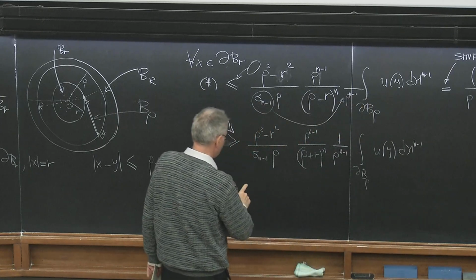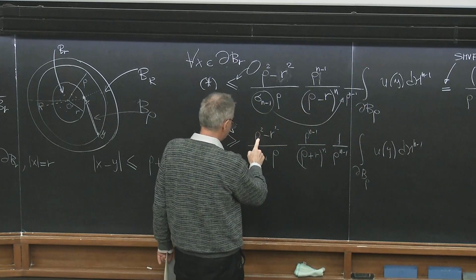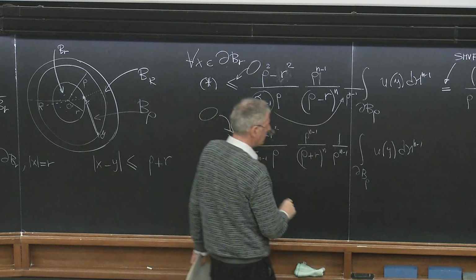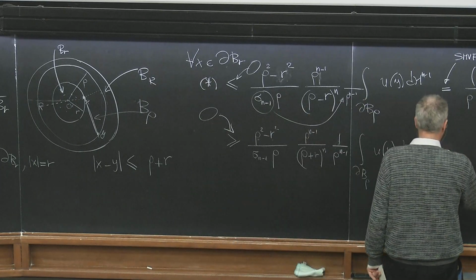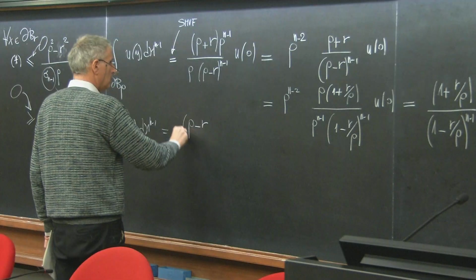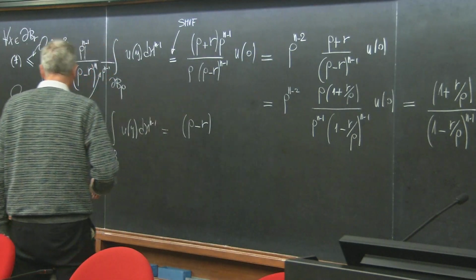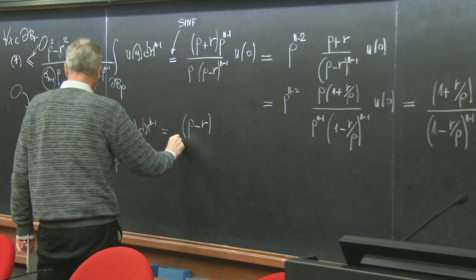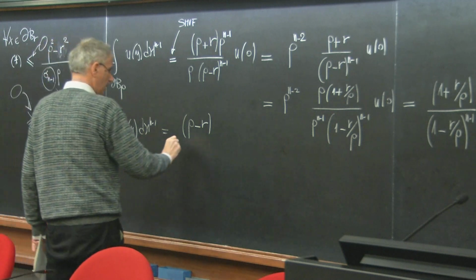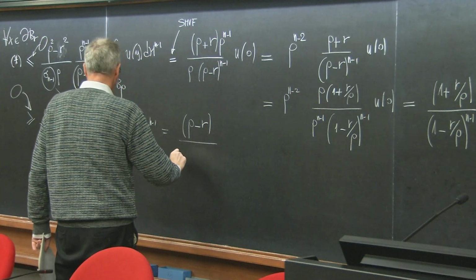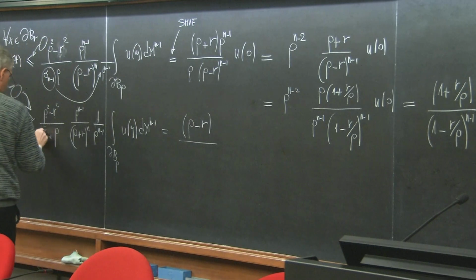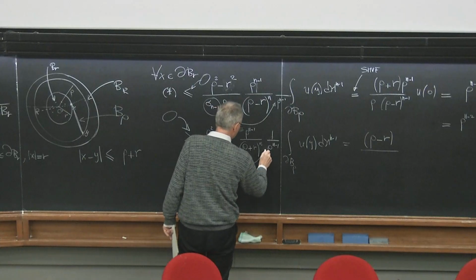Okay, so now what's happening here? What cancels here is rho plus r. So here it remains rho minus r, differently from before. So what remains is the minus now. On the other hand, here we have sigma n minus 1, this factor, I put it here.